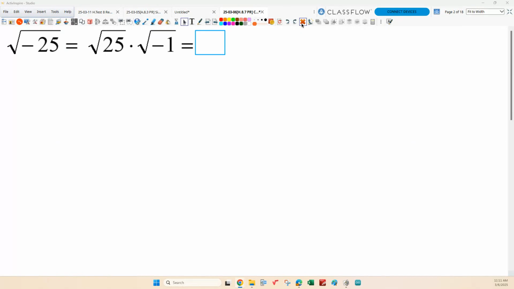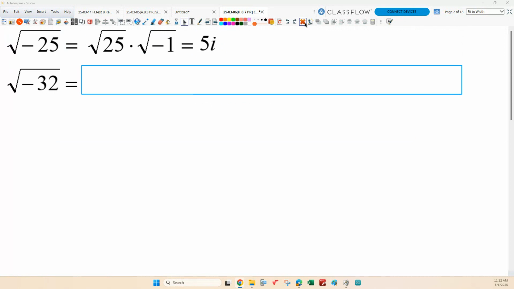What's the square root of -1? i, exactly. So our answer is 5i. And that is what we call an imaginary number, a pure imaginary number. All the terminology will make sense soon. But an imaginary number is always represented as some real number times i.